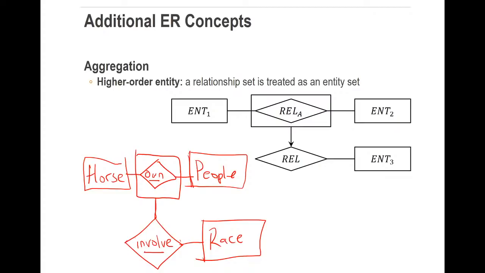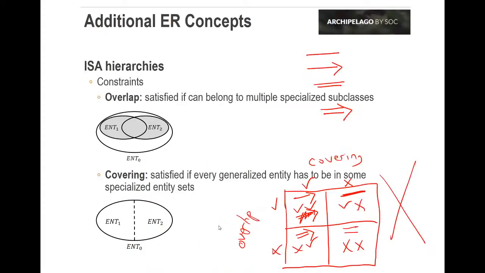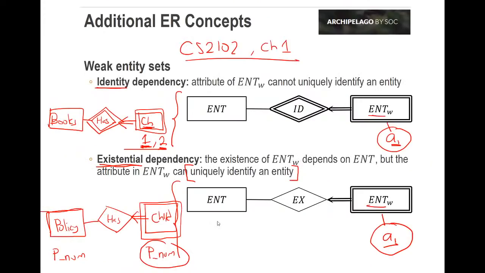There's a few questions here about the weak entity sets. Can a weak entity set also have its own attributes? Yes, it can have its own attributes. Like chapters, you can have a book chapter. The chapter number should partially identify which entity you want, but to fully identify the entity, you need to also look at the books.